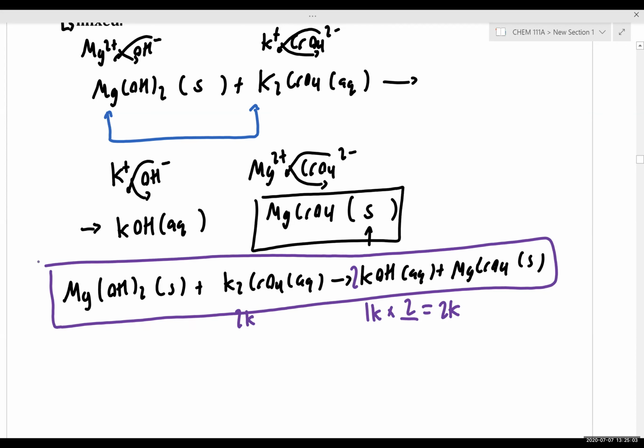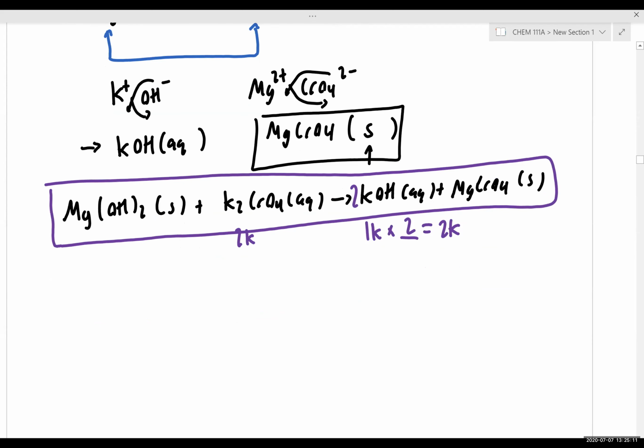I'd like everyone to take about 2 to 3 minutes and try to write a net ionic equation for this reaction. So this is an interesting ionic reaction, an interesting precipitation reaction, because it's one of the rare precipitation reactions that is not a double displacement.